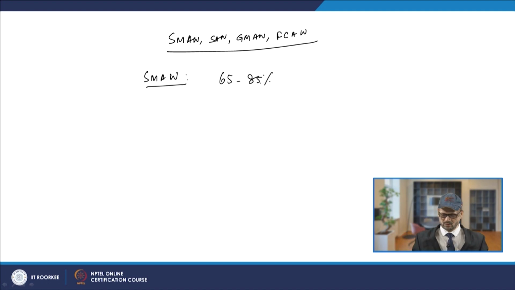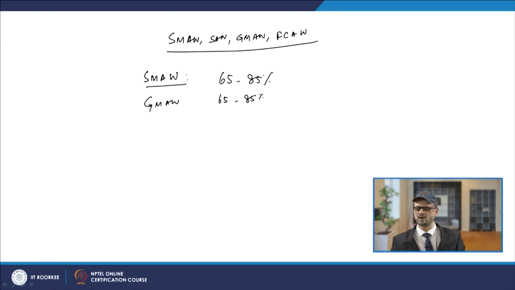Now, if you go for the GMAW, the gas metal arc welding, that also is somewhat close to 65 to 85%. So, they are somewhat similar, this thermal efficiency or heat source efficiency is somewhat similar in these cases.